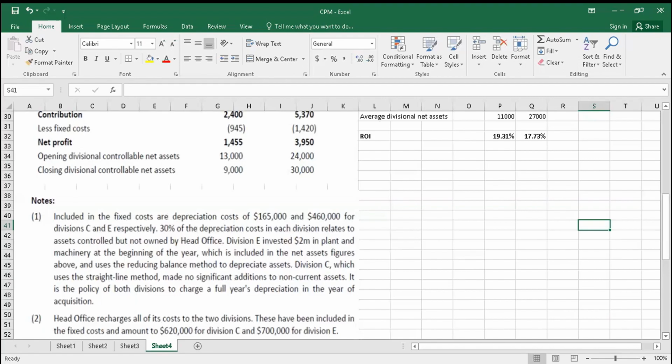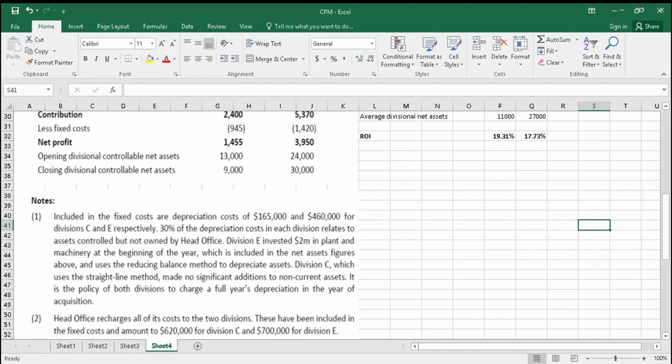Division C, the first division, uses only the straight line method, which is consistently the same amount of depreciation charged year after year. So these things will be the main reasons why there is an impact on division E.